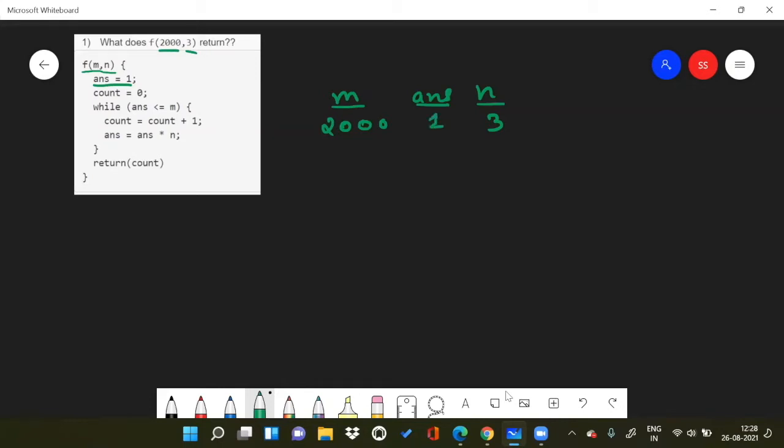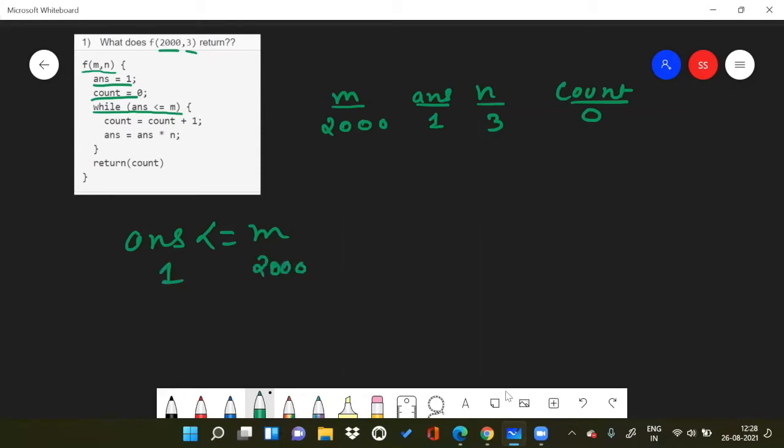I'll take the initial state of answer as 1 and the initial state of count is given to us as 0. Now, let's start with this while condition. This while condition says that answer has to be less than or equal to m. Initially answer is 1 and m is 2000.